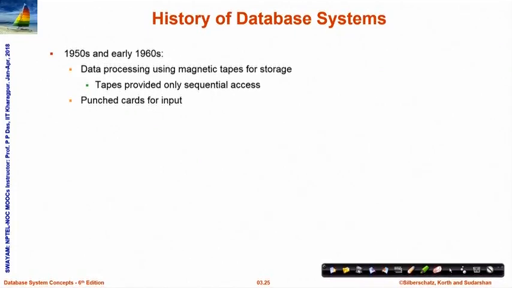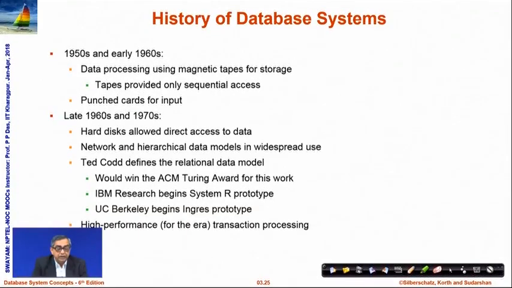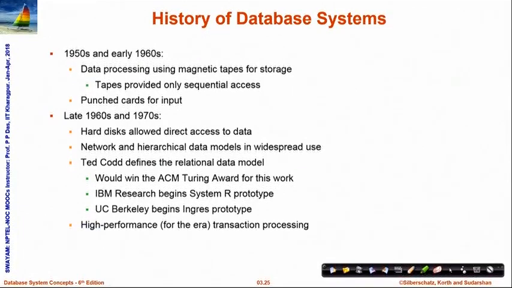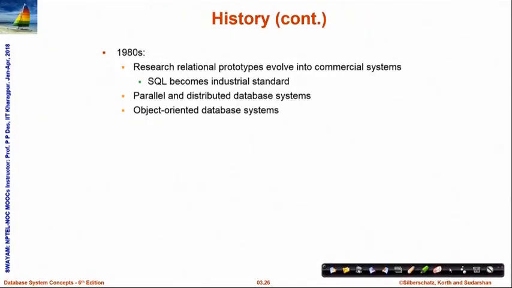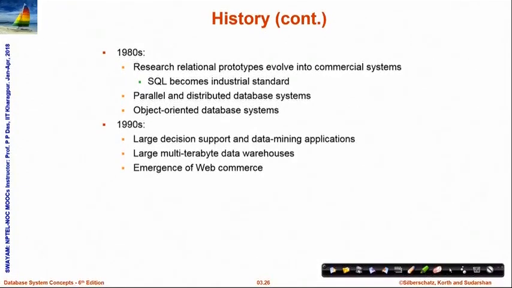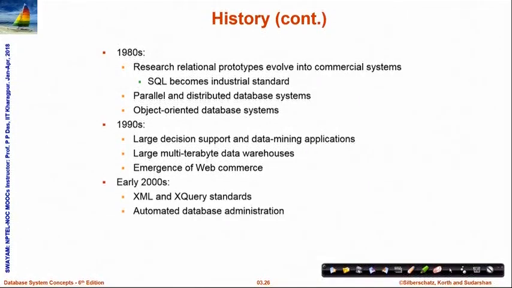Database systems started in the 50s and early 60s, then major developments of the relational model started happening in the 70s and 80s. It really proliferated in terms of prototypes and commercial systems, and parallel, distributed and object based systems started happening in the 80s. The 90s really exploded in terms of large decision support and data mining applications, widespread use of internet based data applications and systems, emergence of Google and all that.